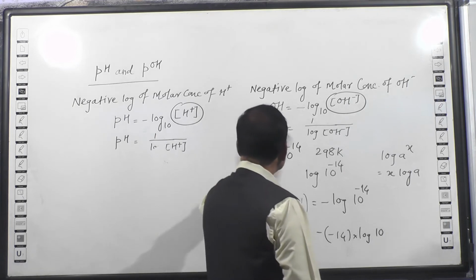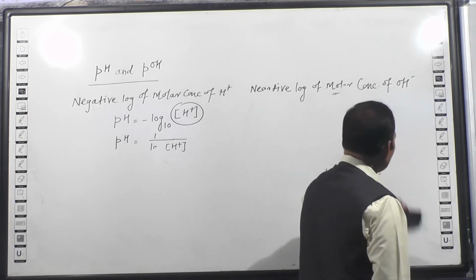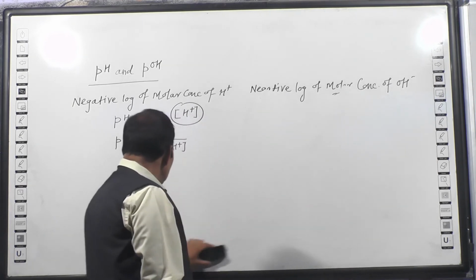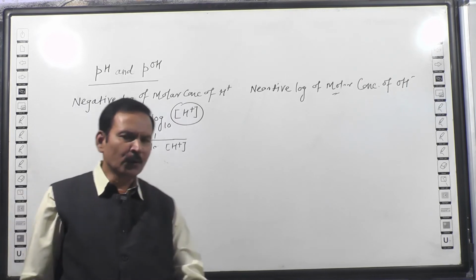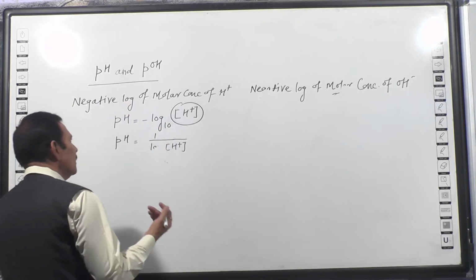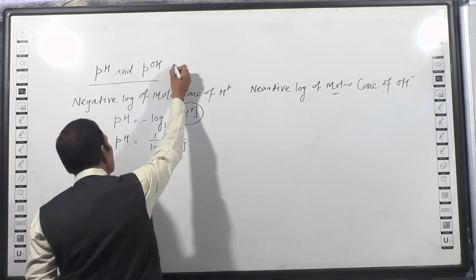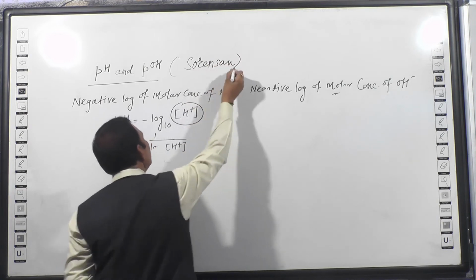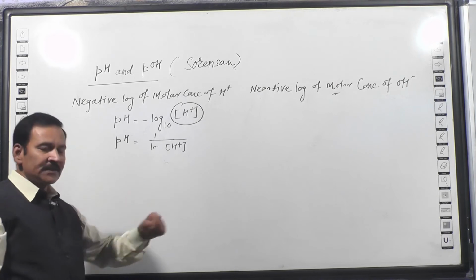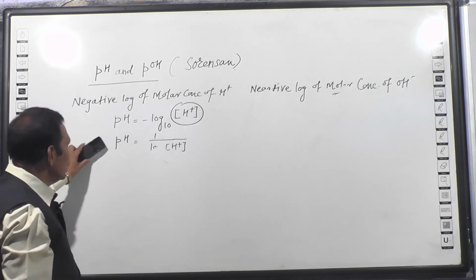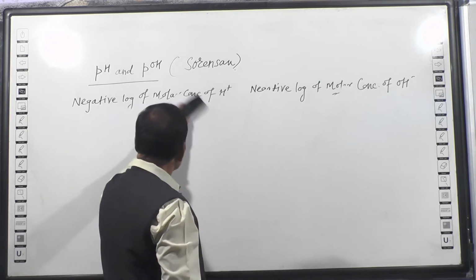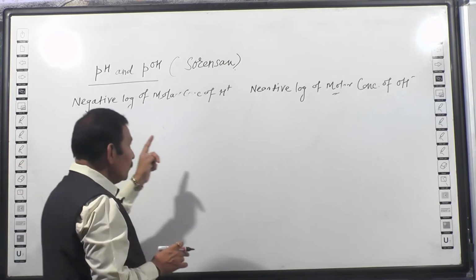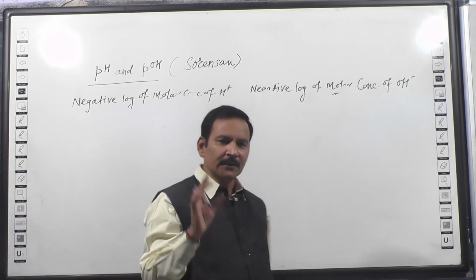Now, after knowing the concept of pH and pOH, the scientist Sorensen, the pioneer of this concept, himself prepared one scale that is called Sorensen's pH scale, which gives you important valuable information about the solutions. Before that, we'll try to understand how to use the formula of pH and pOH to calculate the values.